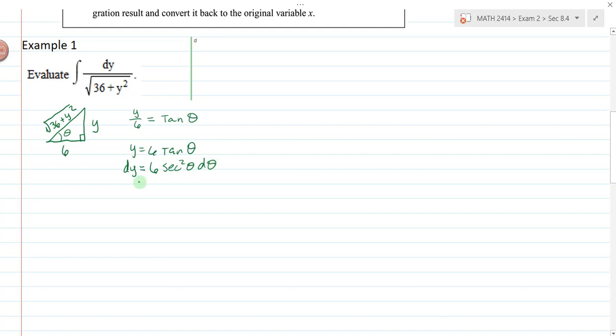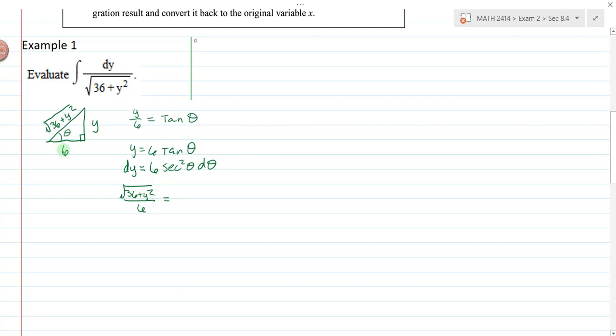Don't forget your differentials. So in place of y, I'm going to plug in a 6 tan theta. In place of dy, I'm going to plug in a 6 secant squared theta d theta. But I don't have just a y here, I have this radical. Well, if I put that radical over 6, that's hypotenuse over adjacent. What trig function is hypotenuse over adjacent?